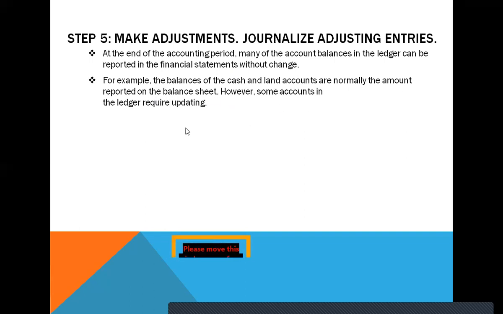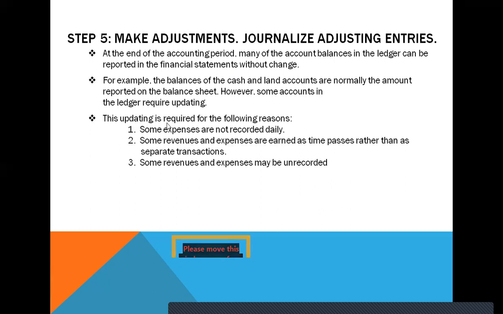However, some accounts in the ledger require updating. This updating is required for the following reasons. Some expenses are not recorded daily. Some revenues and expenses are earned as time passes rather than as separate transactions. Some revenues and expenses may be unrecorded.